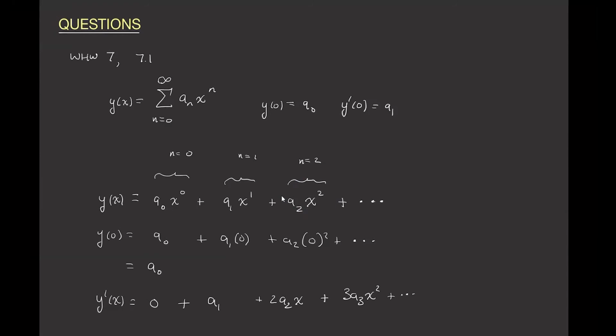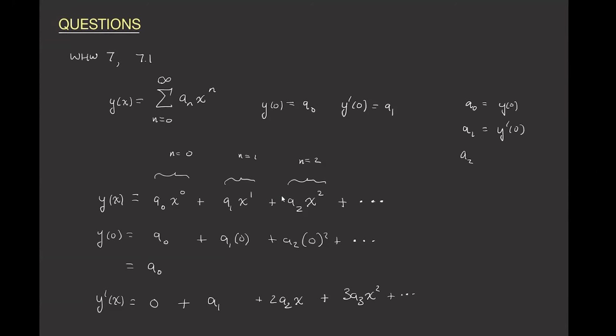Substitute in 0 here, and I think you can see that you'll be left with a1 because all these will be 0. But then you want to do that for y double prime and y triple prime, which is not very hard because these are easy to differentiate. But then see if you can find a pattern for a sub n. We know that a sub 0 is y of 0. We know that a sub 1 is y prime of 0.